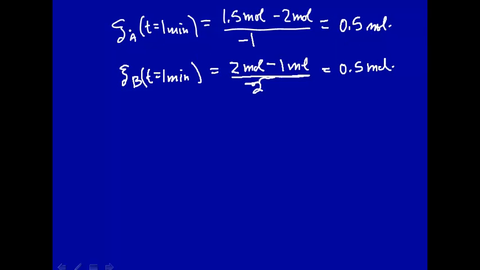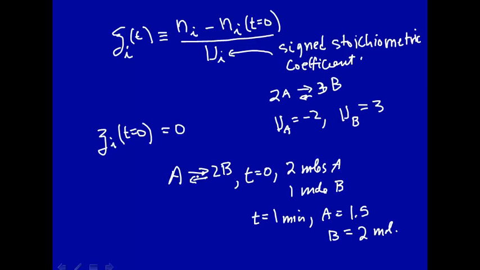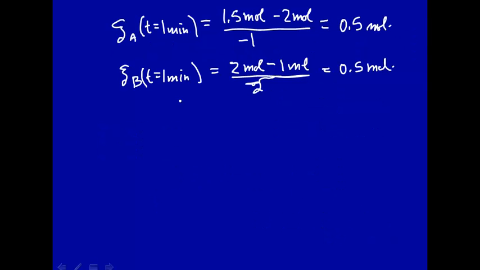In fact, if you just extrapolate this, no matter which reactant or product you choose for an arbitrary chemical reaction, as long as you're dividing by the signed stoichiometric coefficient, you're going to get the same extent of reaction. If you measure A, you measure B, or if you have a more complicated reaction, measure C. No matter what reactant or product you measure at some particular time, you're going to get the same extent of reaction.